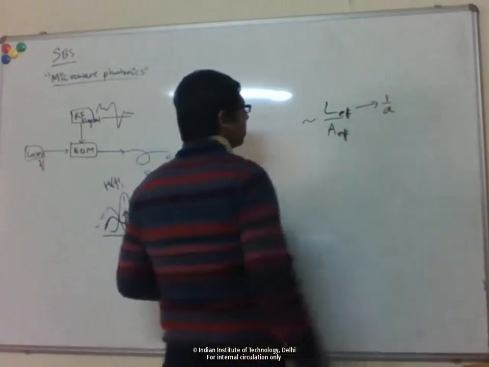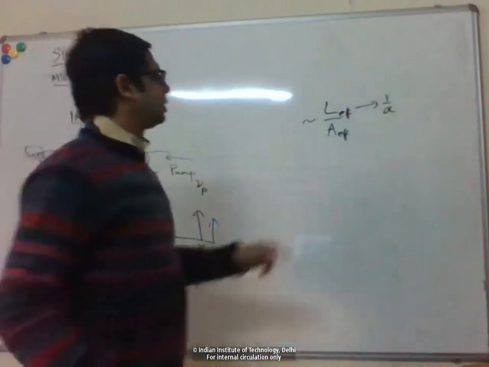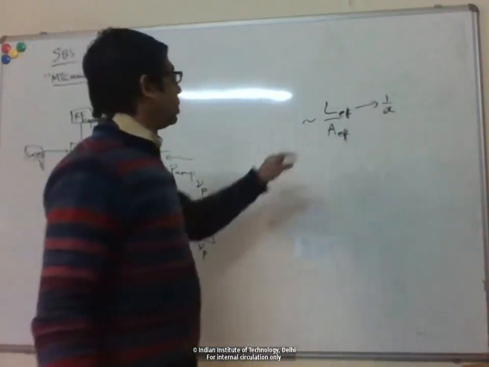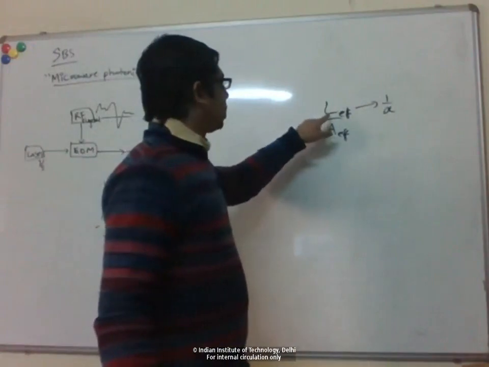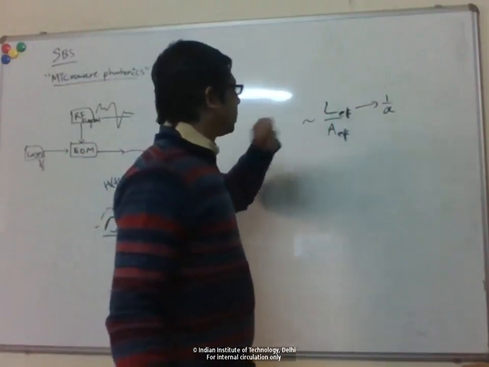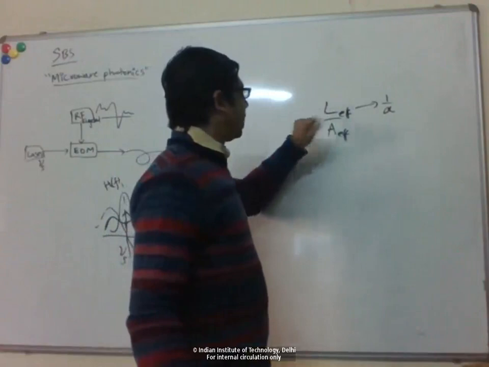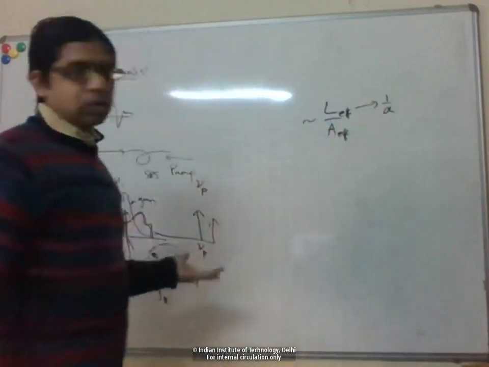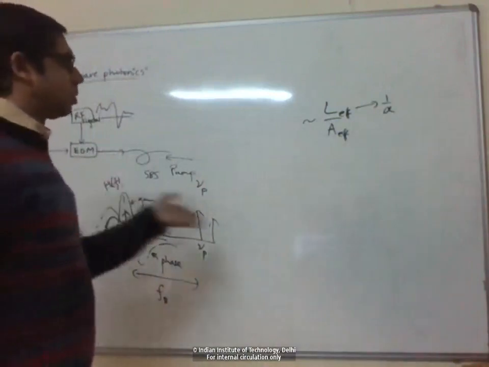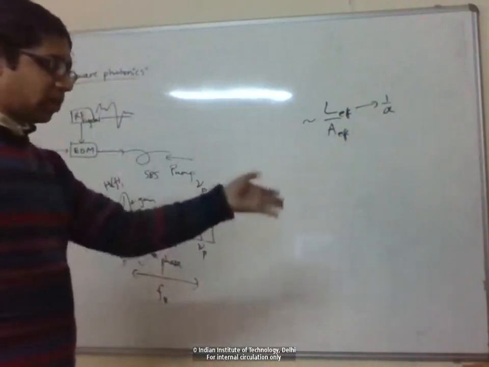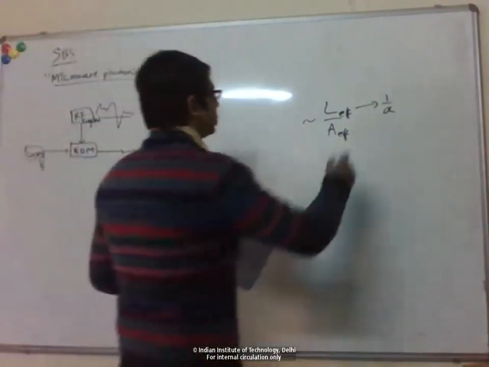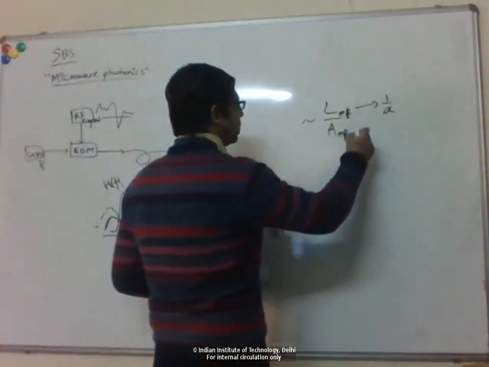The effective length for nonlinear interactions is inversely proportional to the loss. If you want to reduce this number, we can reduce L_effective, but that would mean increasing the loss, which is of course not useful, since that would attenuate our signal even more in the fiber. So you can't do anything about this.